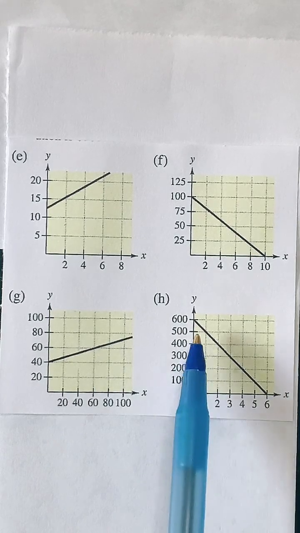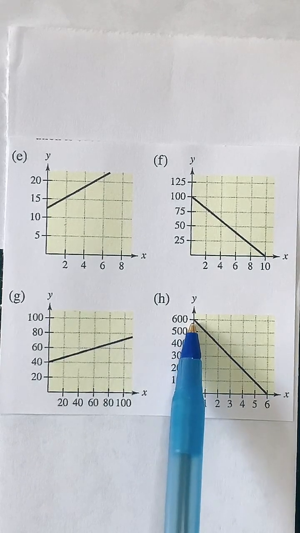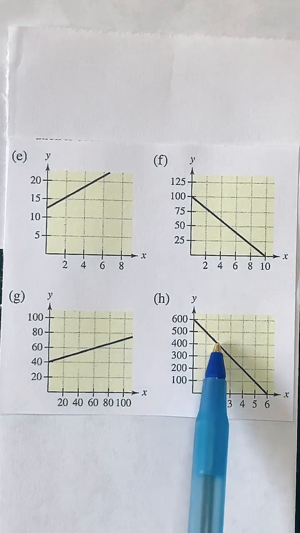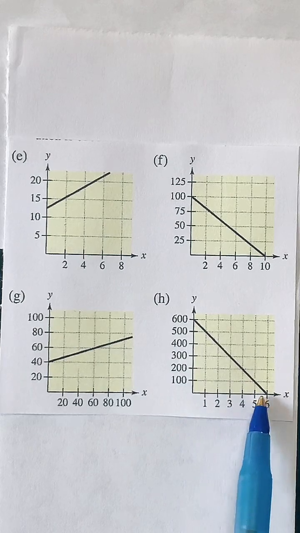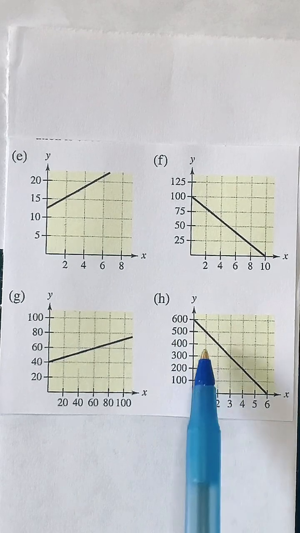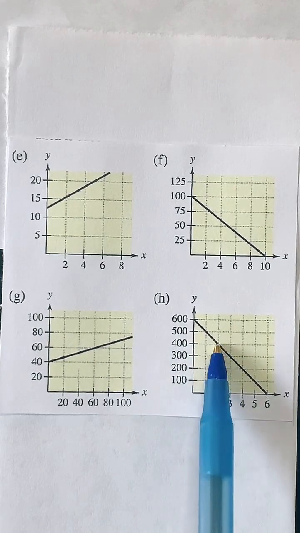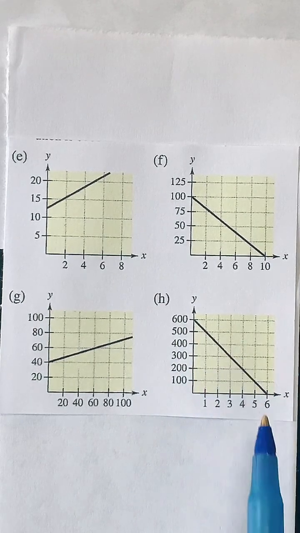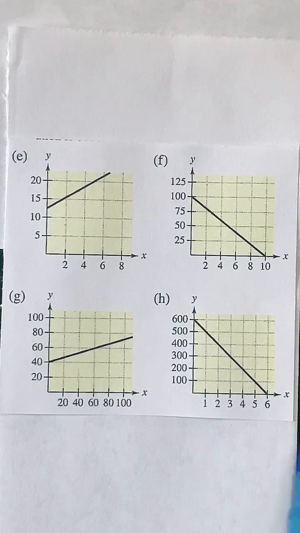Okay. So we started off with 600. And anytime we say depreciation, that means it's going on a downward slope. So we are basically losing $100 every year. So that's 500 year 2, 400 year 3, 300, and so forth. So basically by year 6, the TV is not worth anything.